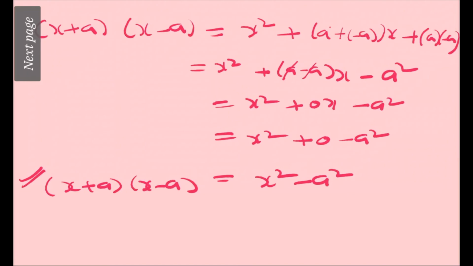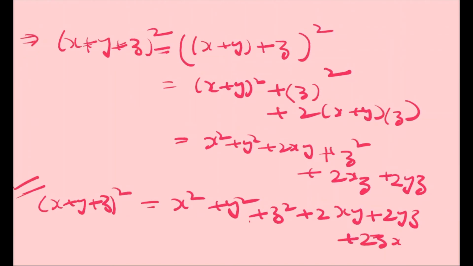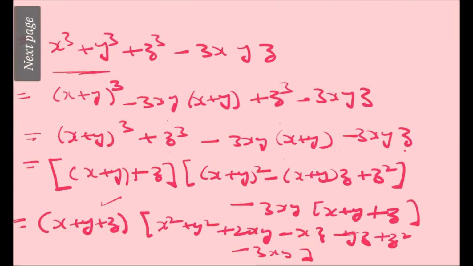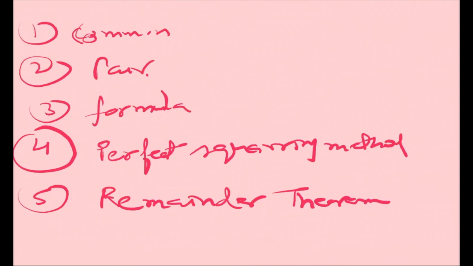Here are identities, and here again identities. So now all these I have told you, these three methods: common, pair, and formula or identities method. Now the perfect squaring method and remainder theorem method, I have to explain.